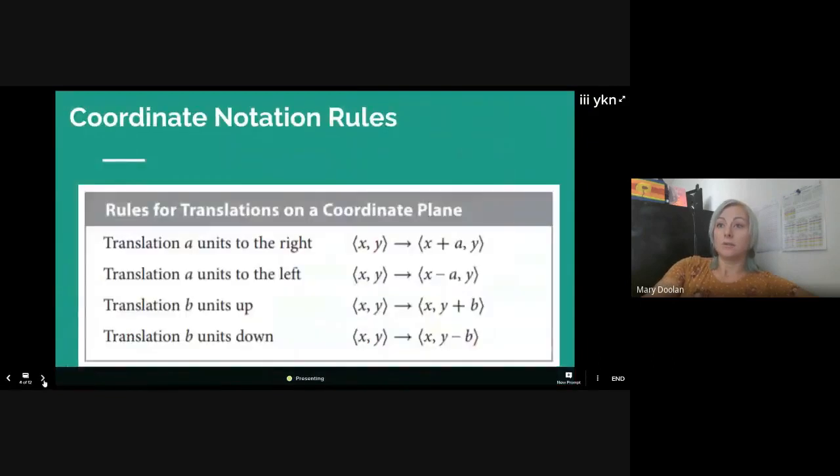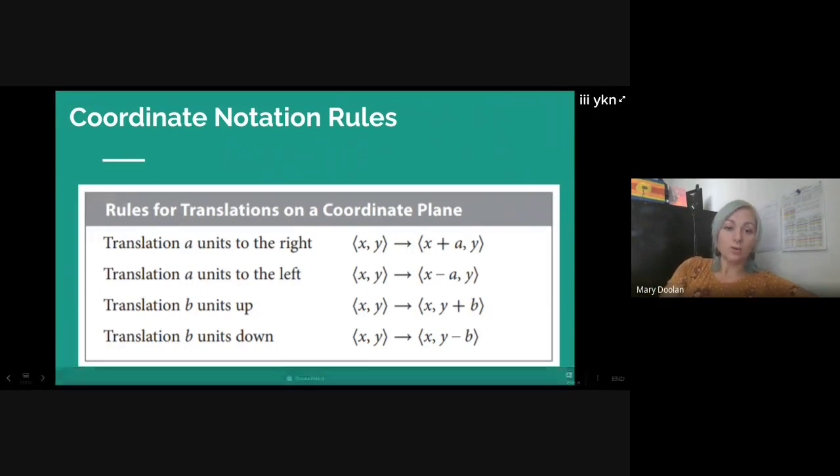All right, and so in this unit, we're going to be looking at coordinate notation. If we have the coordinates of a plane figure, the coordinates that represent the vertices, then we can represent what's happening to them, not only visually like in the last slide, but through mathematical notation like we have on this slide.